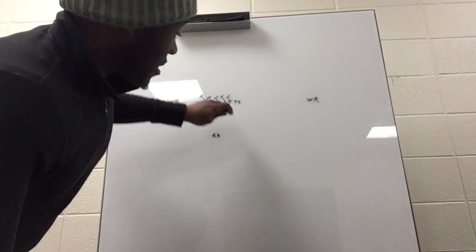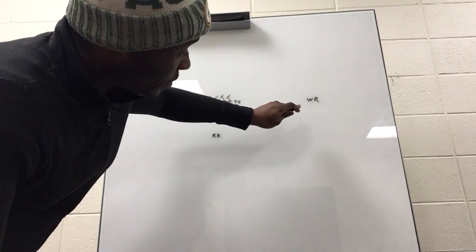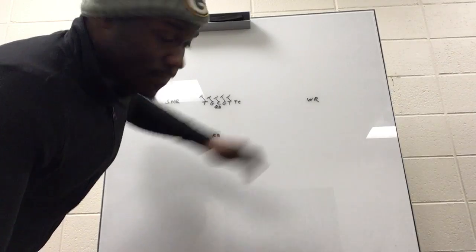Okay, then the quarterback executes a play action. It's a play action handoff look to the running back. Obviously, since it's play action, the quarterback will keep the ball, and the quarterback will run towards the right side.